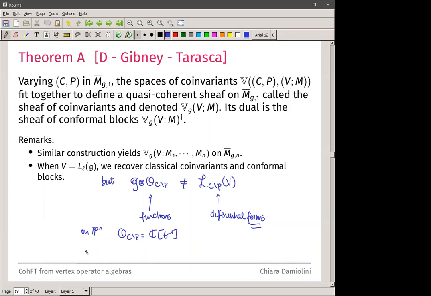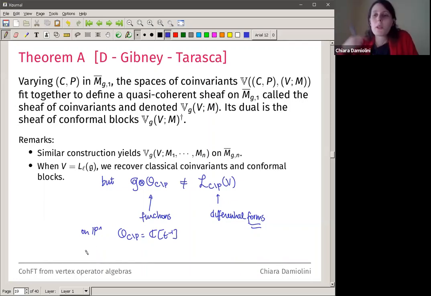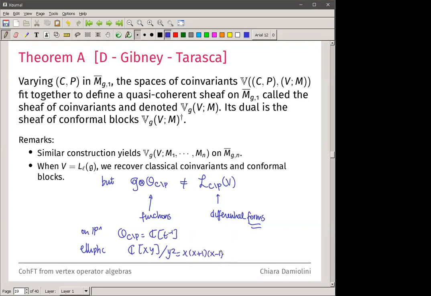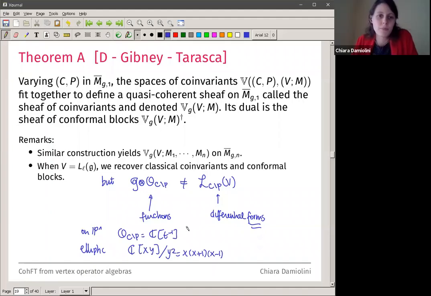But you can have more complicated curves, and you will always have poles. You might have zeros, but you can also have poles there. So if you take an elliptic curve and you remove the point at infinity, for example, it's a bit more complicated. So we don't really have one coordinate. Yeah, thank you. You're welcome.